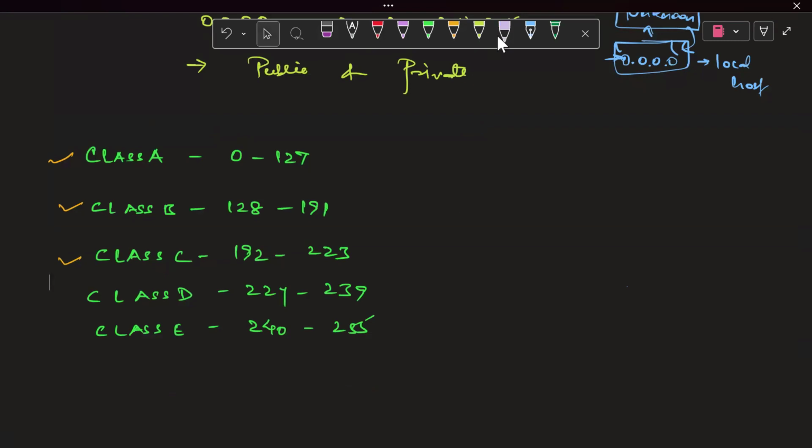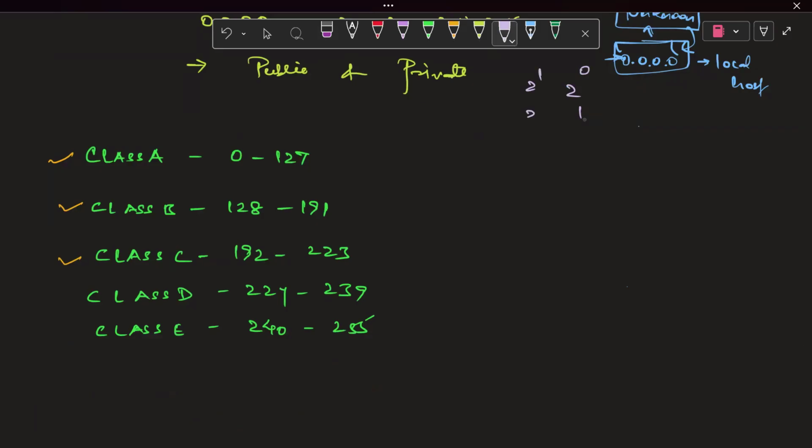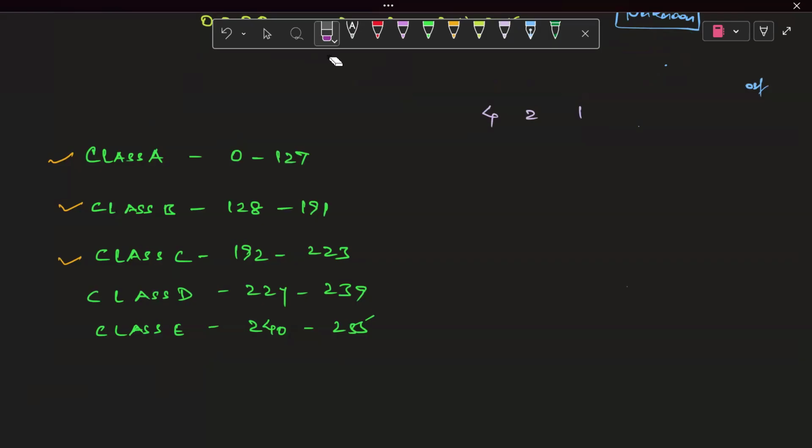Now, first we will write the range of that number. 2 power 0 is 1.